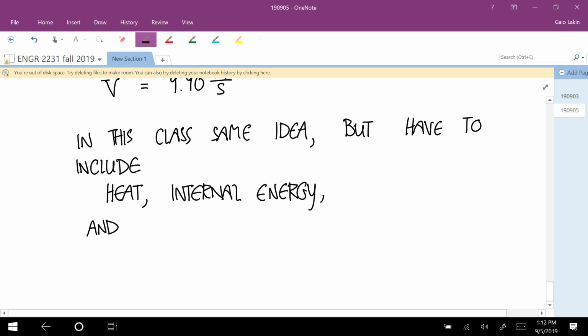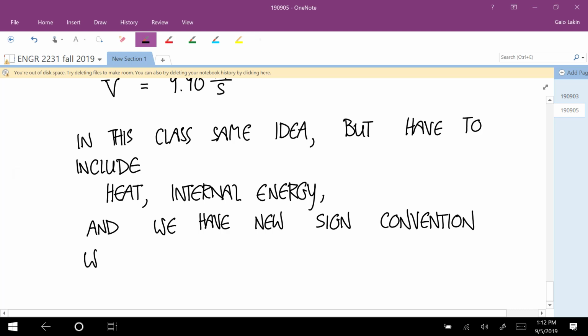And we have the new sign convention where W is the work done by the system on the surroundings.